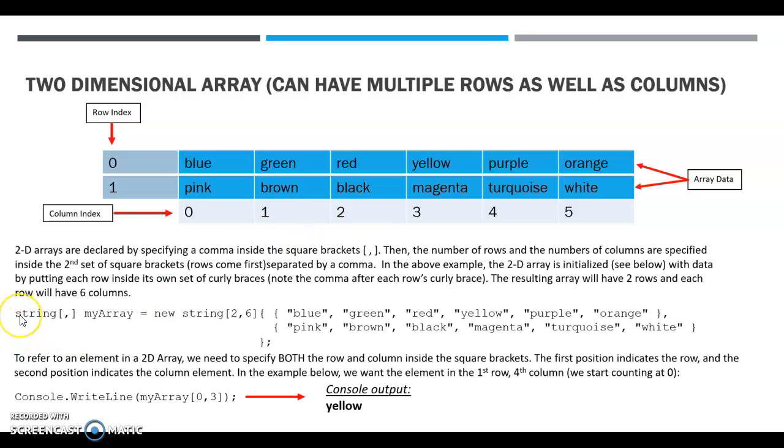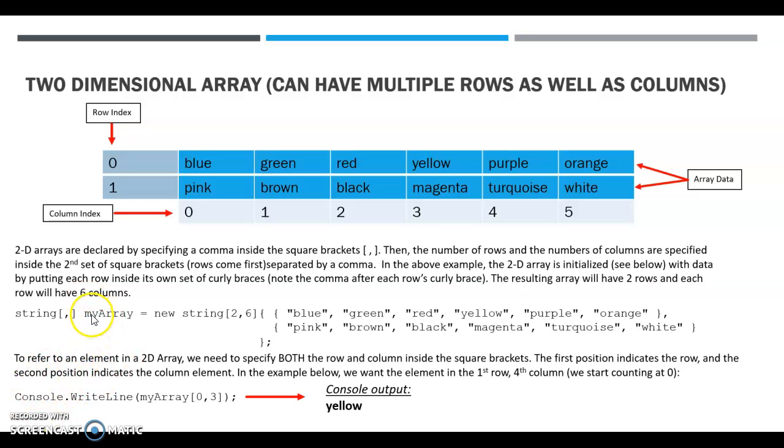So let's take a look at the code. As I had before, I denoted this as a string array, so it's going to contain string data, text. Now take a look at the first set of square brackets. I'm going to put a single comma in it. The comma is going to tell the compiler that I have an array with more than 1 dimension, so it's going to set it up that way.